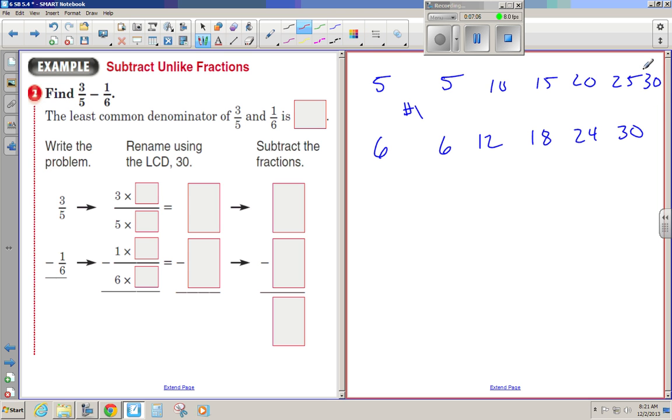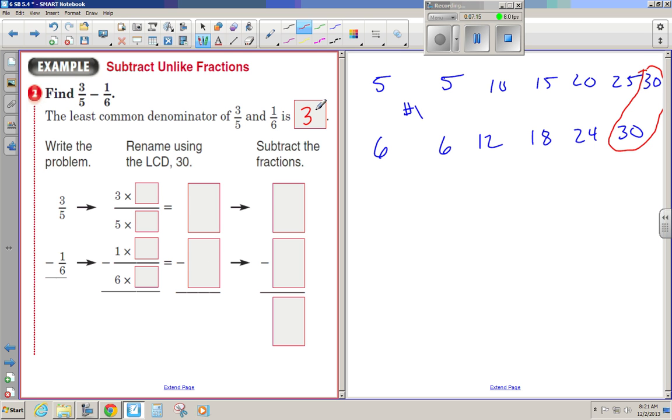So I look at these and I find that the smallest one they have in common is 30. So the least common denominator is 30. Well, how do we get to 30? 5 times 6, 6 times 5.